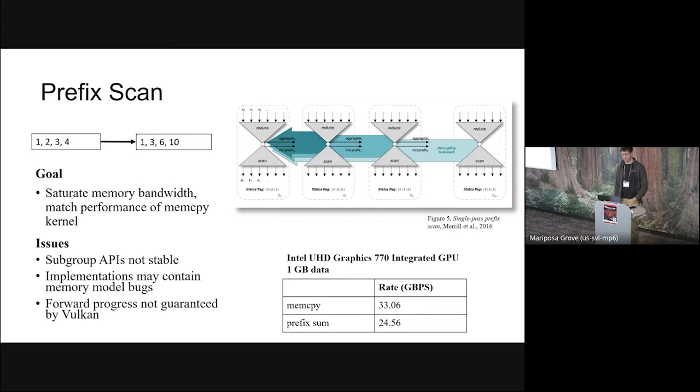The prefix sum was giving me only about 24 and a half, which is like 75-80%. So I know it should be able to do better. I have ideas around what I can do better in my code, but I also know that the code I'm writing should theoretically match the performance of the NVIDIA single pass prefix scan. So there's still work to do to make these sorts of algorithms portable across different GPUs as well.